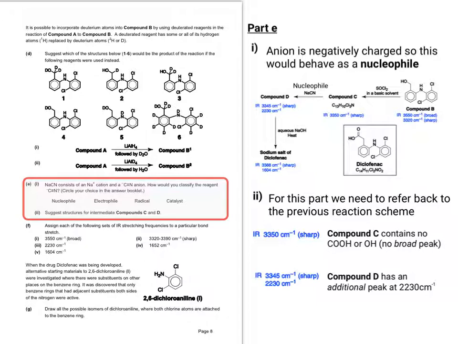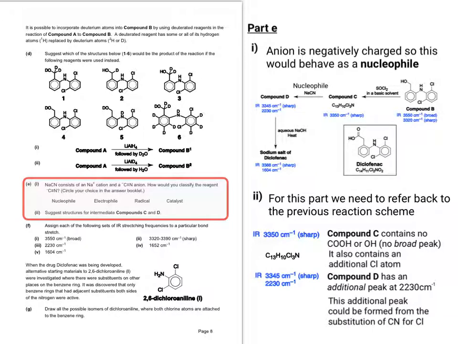So thinking about compound B, compound B has an OH group. That means a polar C-O bond. It also contains an additional chlorine atom. C has 3 chlorines and B has 2 chlorines. So a chlorine has been added between B and C.